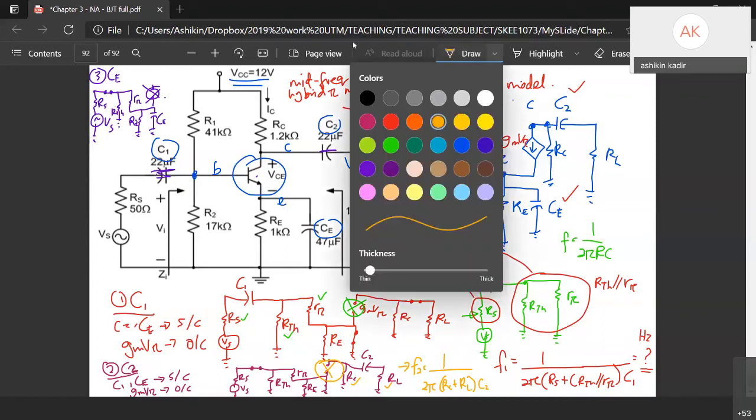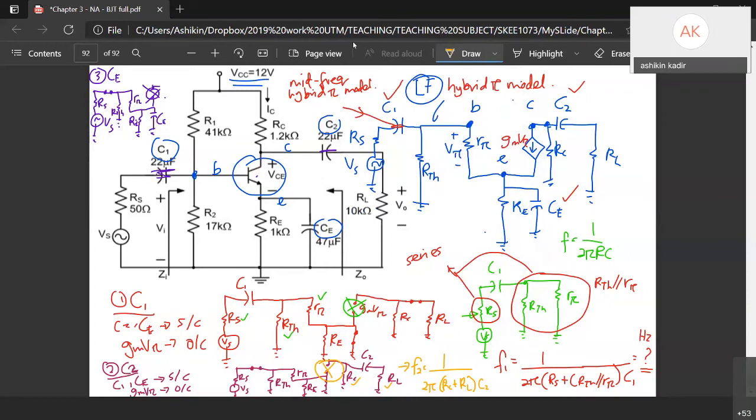Right. So here RS and RTH are parallel, right? And then you have Rπ over here.